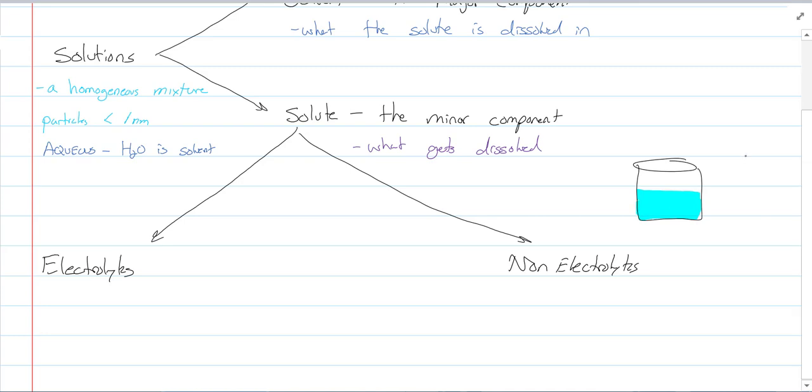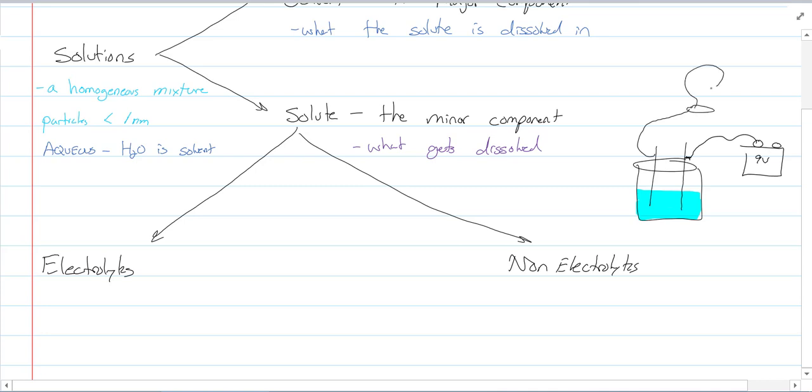If you had a battery, let's just call it 9 volt, but it doesn't matter what the battery is, and clip, and you had a light bulb here. The question is, does this light go on or not?